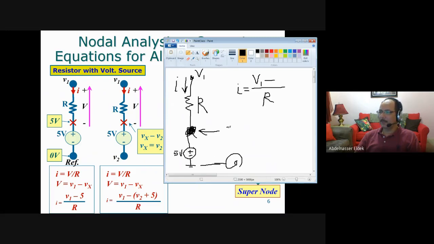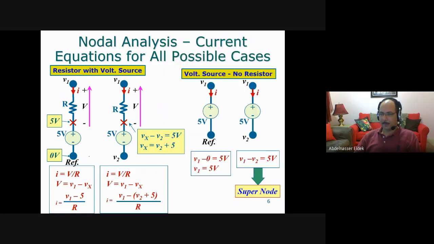Then the voltage here will be 5. So the voltage at this node is 5 volts. Why is it positive 5, not negative 5? Because of course this is the positive side. So this is the first, another example.